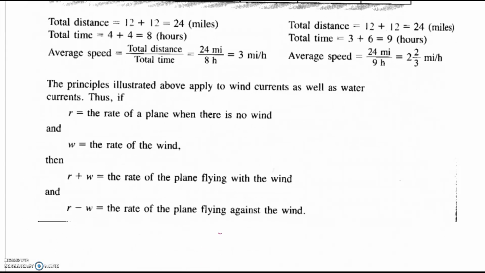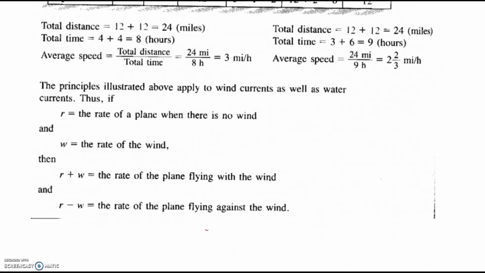Okay, so these next 4 things are going to illustrate what we're going to be using when we do some problem solving on the next side. The principles illustrated above apply to wind currents as well as water currents. So you've got to remember if we're talking about airplanes, wind, water currents, boats. Thus, R equals the rate of the plane when there is no wind, or obviously the rate of the boat when it's still air.